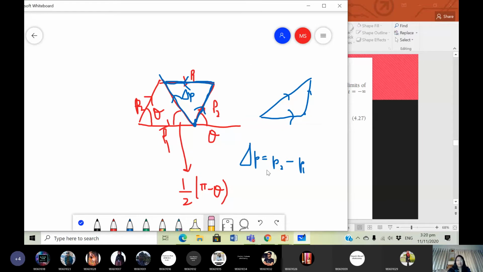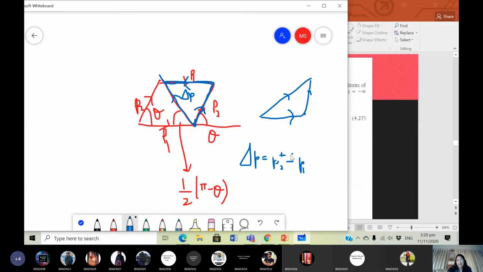Basically delta P is P2 minus P1, okay? P1 is in this direction and in this direction. It's equal to this vector. This vector is in the same magnitude, length, and same direction as this one. So this will also be P1, but we want P2 minus P1. So P2 and then plus minus P1, okay?